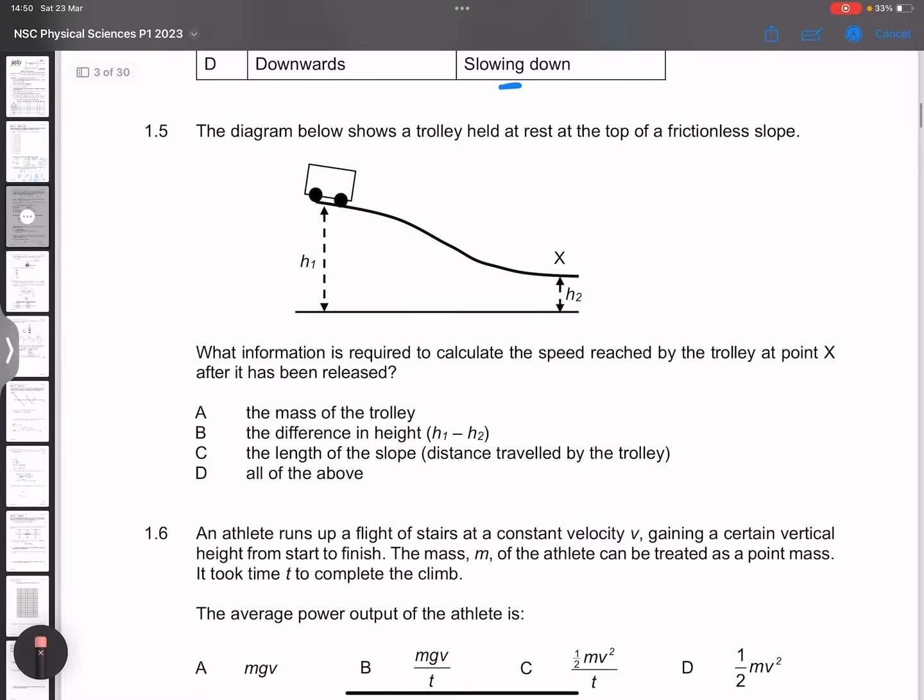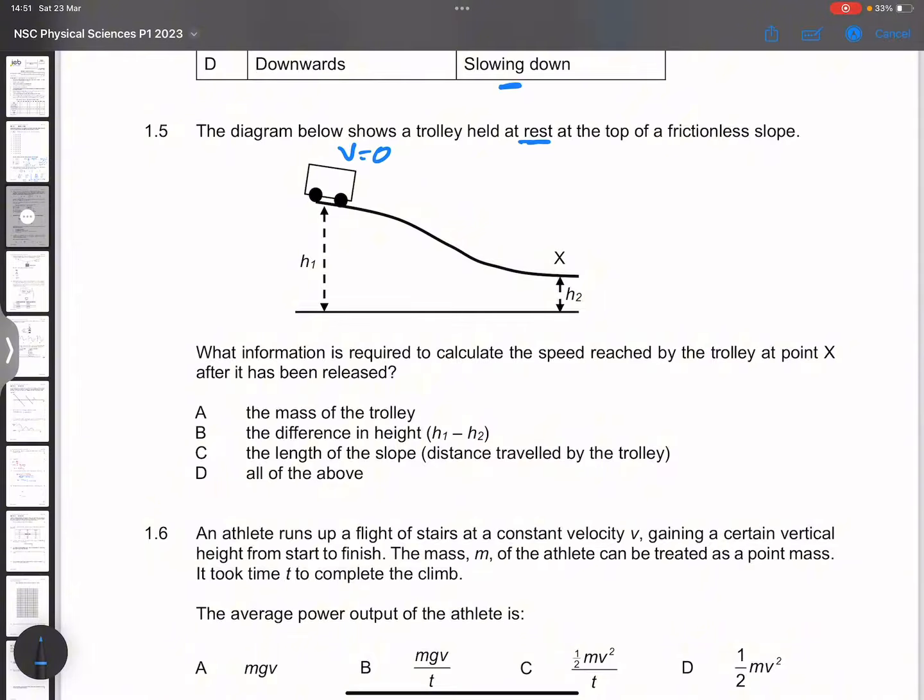The next one says the diagram below shows a trolley held at rest at the top of a frictionless slope. What information is required to calculate the speed reached by the trolley at point X? Now, I want you to note in this case, first of all, they told us that this guy is held at rest, so the initial velocity should be 0.